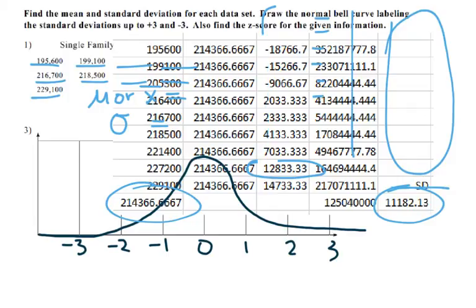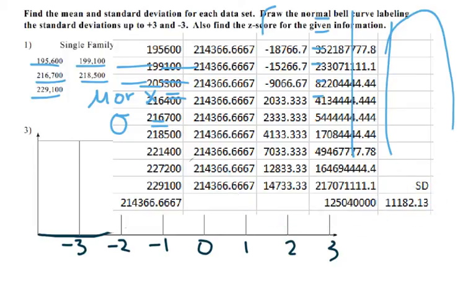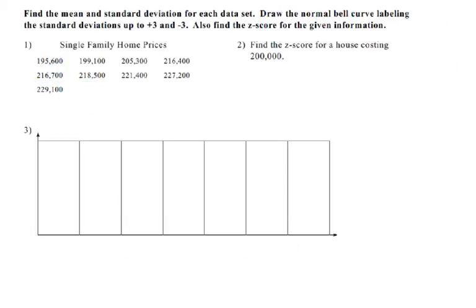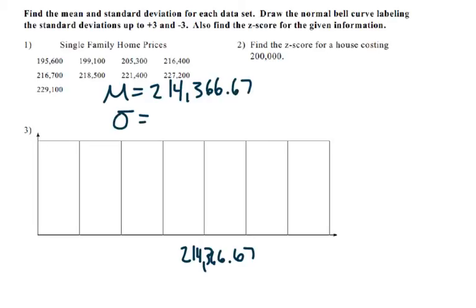My mean here was 214,366.67. Then my standard deviation was 11,182.13.